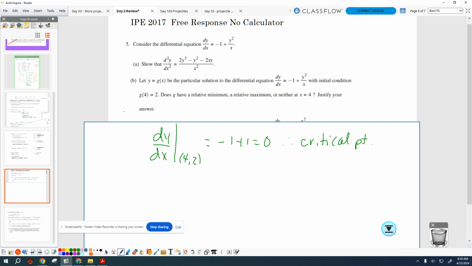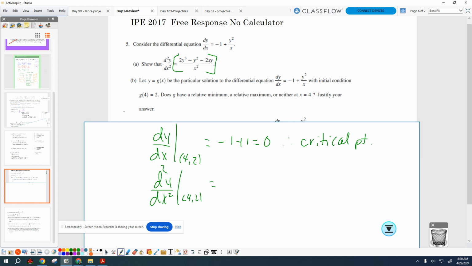And the reason they didn't have you just derive the second derivative, they show you what it is because if you don't get part A right, you can still use this in part B. Which is a big hint. Martin said you need to check the second derivative, what its value is. So what is the second derivative at 4, 2?